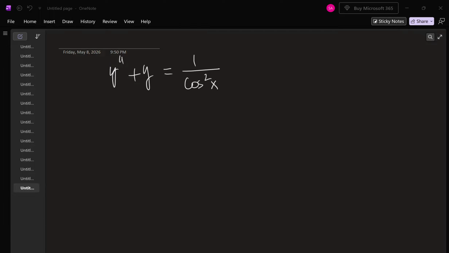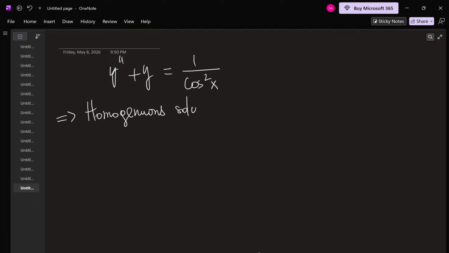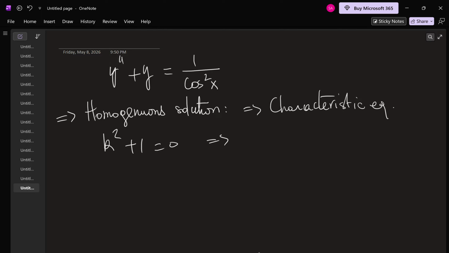So here the characteristic equation for the homogeneous solution: k squared plus 1 is equal to 0. This leads to k squared equal to minus 1, which is minus i squared. So k eventually is equal to plus or minus i.